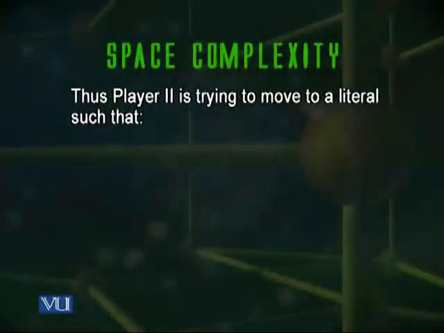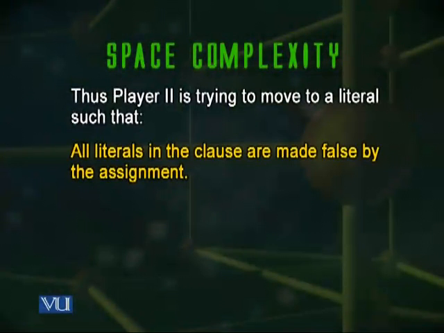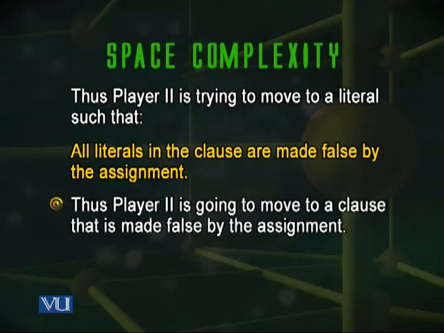Player 2 is trying to move to a clause such that all the literals in that clause are made false by the assignment. And therefore, player 2 is going to move to a clause that is made false by the assignment. So after the first round of the game has finished and they have reached C, and now player 2 has to go from C to a clause, player 2 would want to move to a clause that is made false by the assignment.